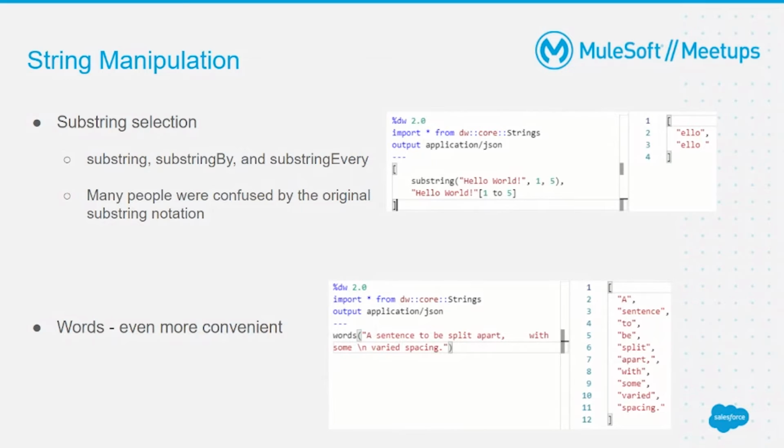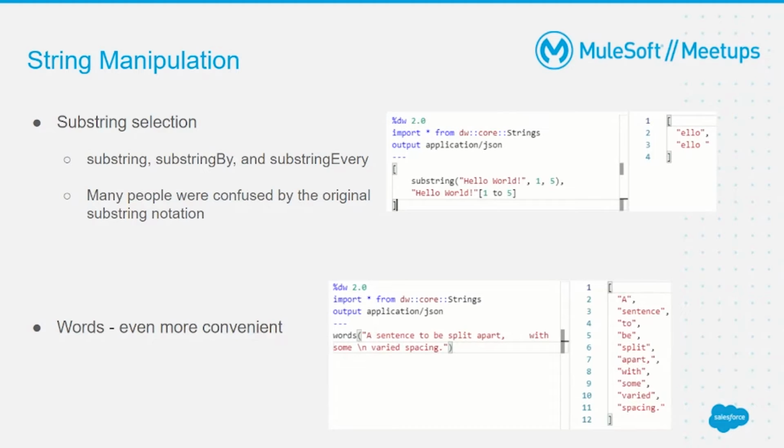It uses the same notation, but it was confusing to look up, and it was also confusing to people just coming to DataWeave. So they added in a couple of substring methods that do effectively the same thing, but make it a bit more explicit, a bit easier for people coming from other languages to understand.